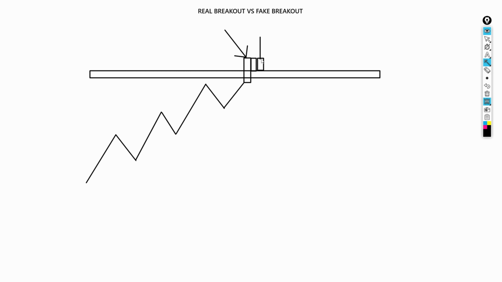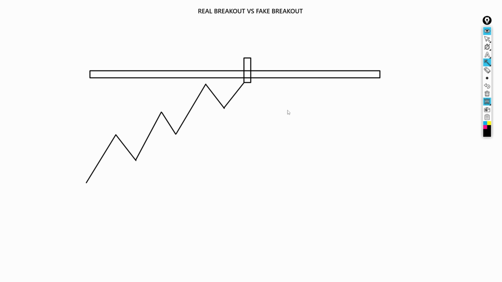You will find the candle closing below, and once you have this, now you can't be sure if this is a real breakout or a fake out. You need a clear break in the upside direction, then only you can expect that the price will move in the upside direction. So that is how you can spot a real breakout.